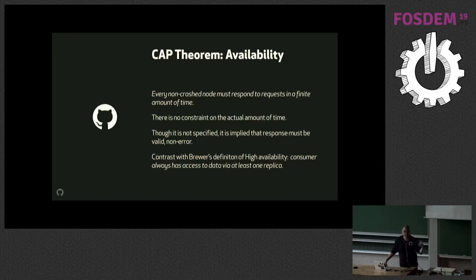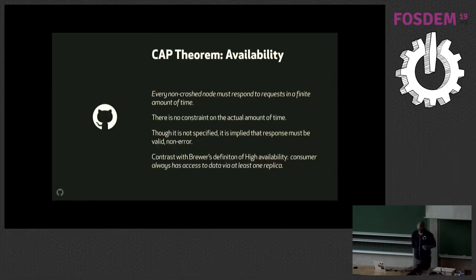It could be 5 seconds, it could be 5 minutes, it could be 7 years. If a request returns within 7 years, the system is available. Now, it is not explicitly declared, but otherwise this disproves the CAP theorem, that the response must be successful. If the system returns errors all the time, then it's not available.